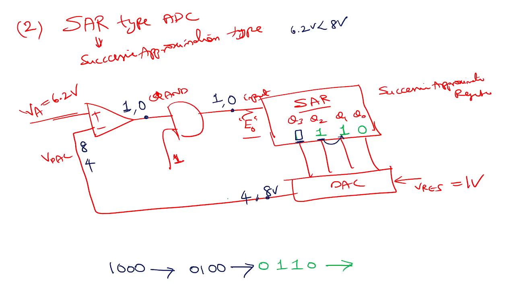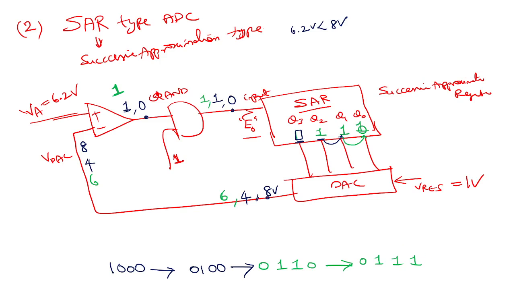Now 0110 is 6, right? So 6 will come here. 6.2 greater than 6, correct? So it is 1. 1 means the output is here 1. That means don't do anything to this. Change this to 1: 0111.